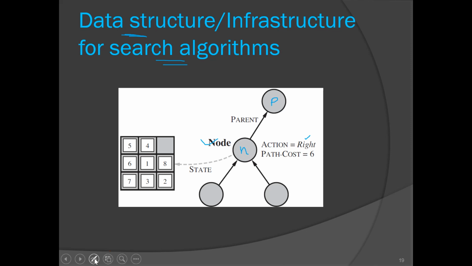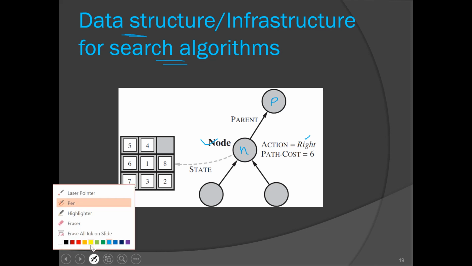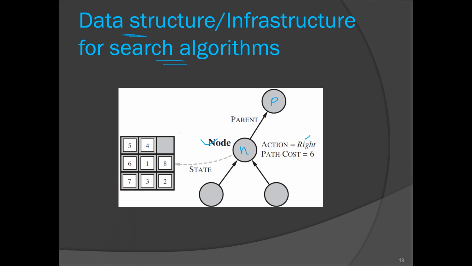This is an example of the 8 puzzle problem. Here the right action is performed. So what will be the state of the parent?